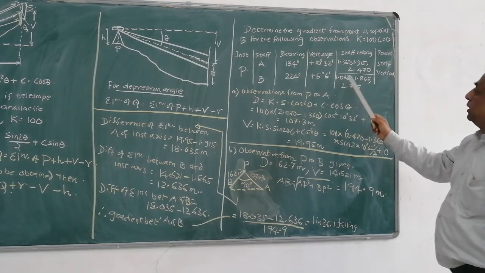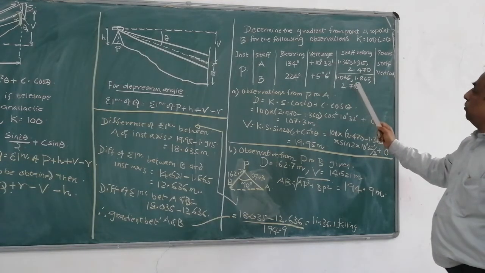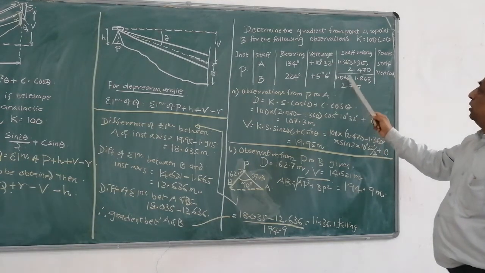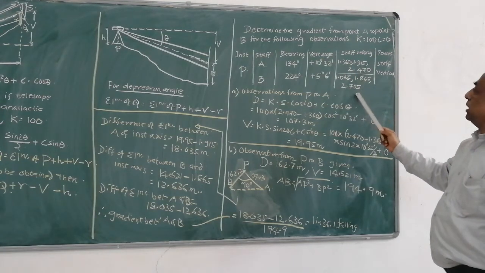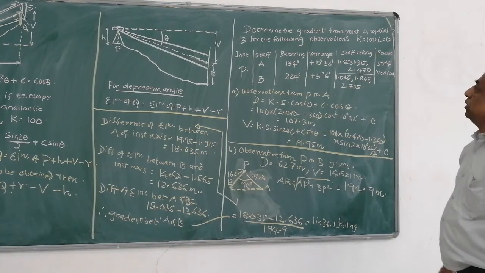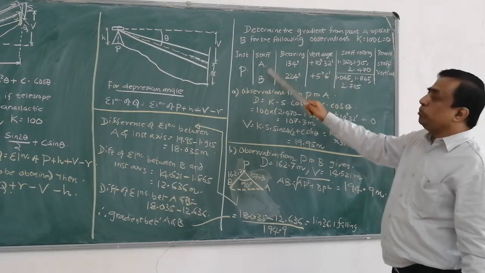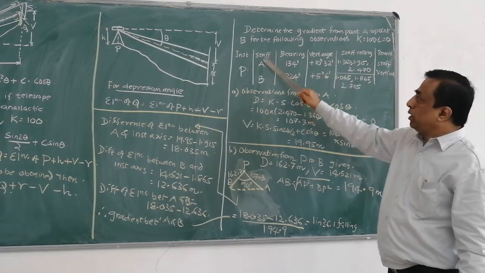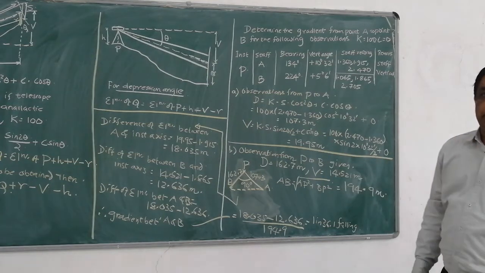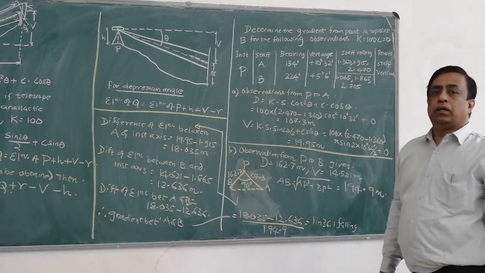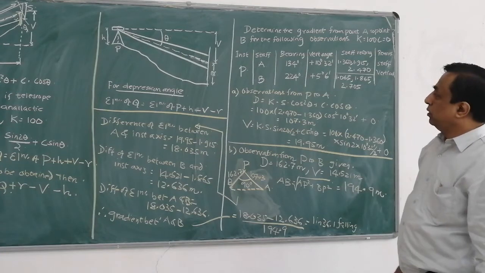The staff readings will be bottom, middle, and top. These readings are entered here in this column. Now, what is our requirement? We have to get the gradient from A to B. From A to B, we have to get the gradient. So, this is the question that we have got.